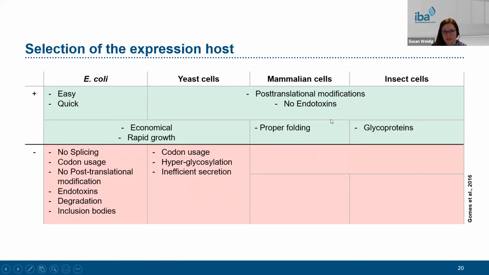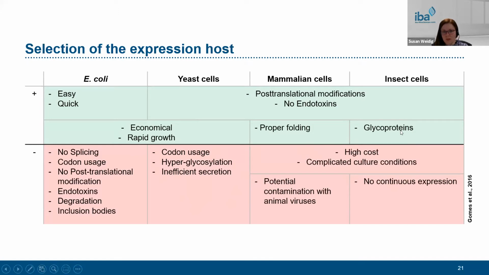Compared to yeast cells, mammalian cells and insect cells have the proper folding or the right glycosylation profile. But drawbacks compared to the other expression hosts are that you need special equipment, and you have to know how to handle them.